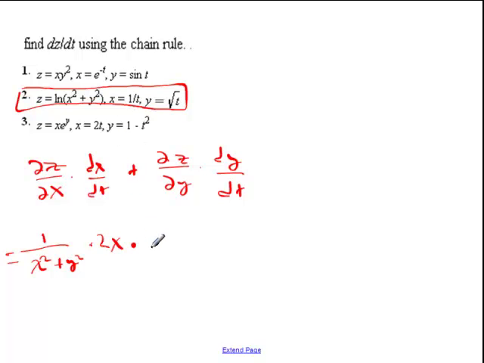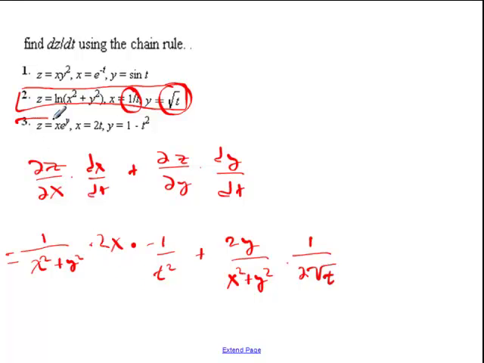So times negative 1 over t squared, plus the partial of z with respect to y, we're going to get 2y over x squared plus y squared times the derivative of root t. So that's going to be 1 over 2 root t. And then the last step, if we wanted to, we could substitute y's and x's with their t value.